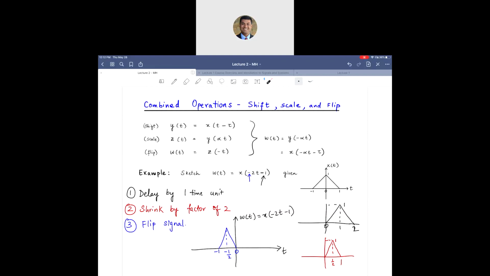Right. So that's what I meant. But you see, if you choose to change the operations, what ends up happening is simply this: if you choose to shift later, you will have to do the reverse shift. So delay will become advance, advance will become delay. So if you do it first, then you can go through this step in that same sequence.